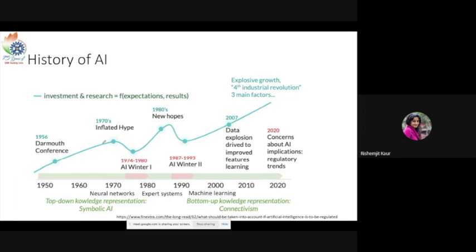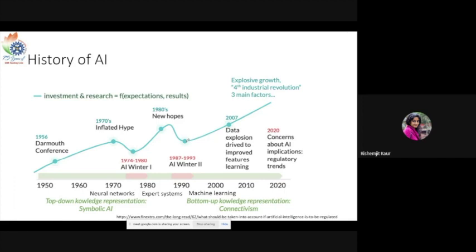During this conference the AI term was coined for the first time. It was also a very good period, from around 1950 to 1975, where there was a lot of hype that AI would change the world. Then came the time period of AI winter, where there was not a lot of enthusiasm. Then again there were new hopes when systems like expert systems came into being. Then again came an AI winter.